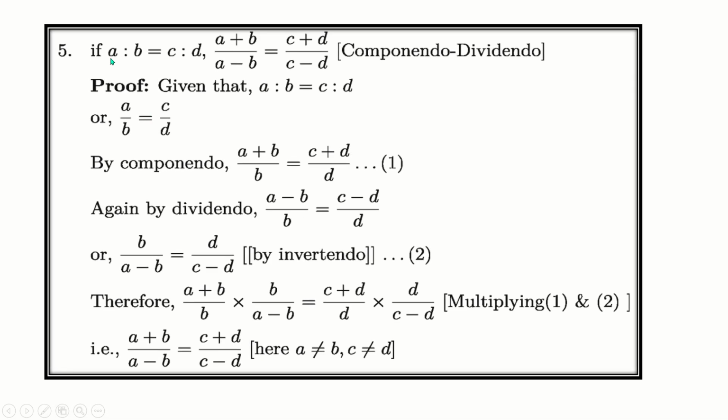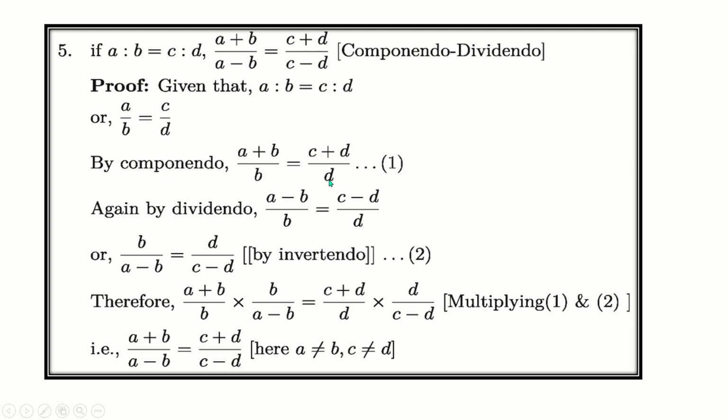Number 5: if A is to B equal to C is to D, then we can write (A plus B) by (A minus B) equal to (C plus D) by (C minus D). This is componendo-dividendo. That means at first add, then subtract. This is the given condition.